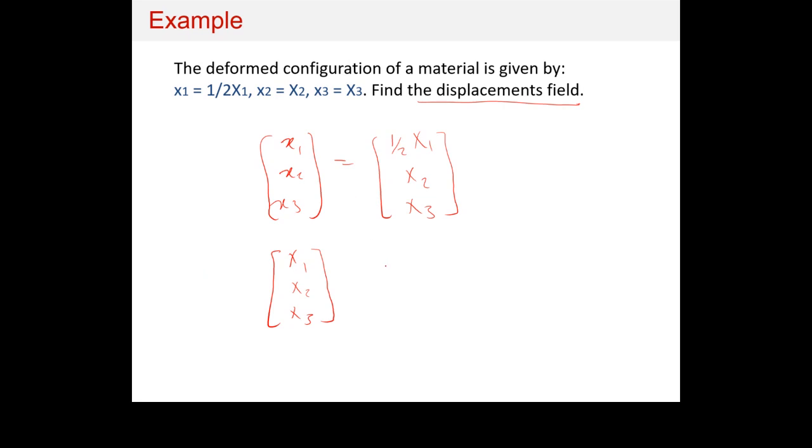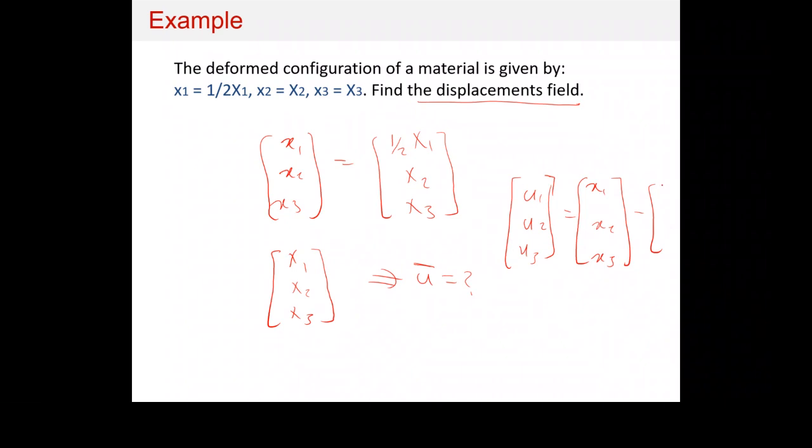Now, what is the displacement field? What we are looking for in this case is u, that is unknown, and u is a vector. So the u vector, u1, u2, and u3 is basically equal to x1 small, x2 small, and x3 small minus x1, x2, and x3.